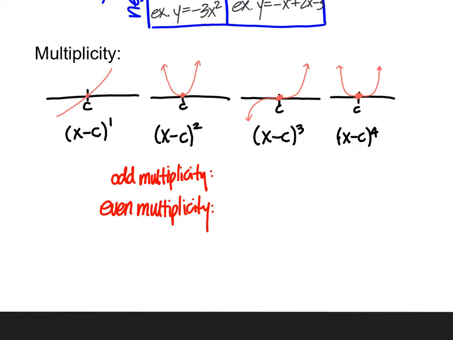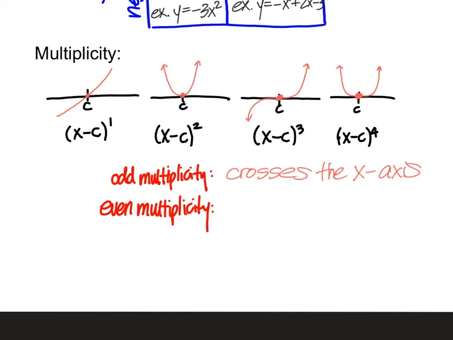All right, notice that the odd multiplicities, 1 and 3, the graph goes through. So I'm going to say crosses the x-axis. And then when you have a multiplicity that's even, like a 2 and a 4, it bounces.